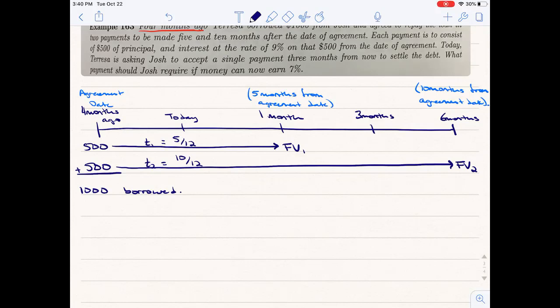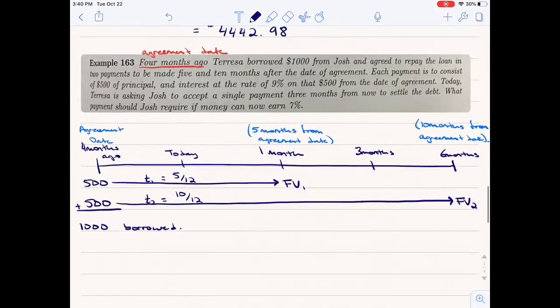An added thing that we had to keep track of, and this is the reason I wanted to put the time on these arrows right away, is that the rate changed. So the rate for these 2 original arrows was what? 9%.